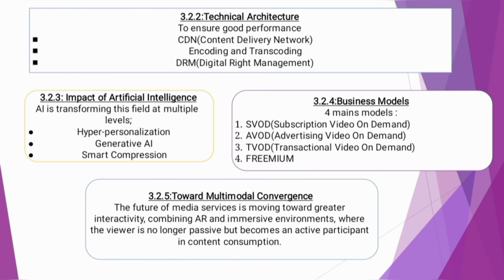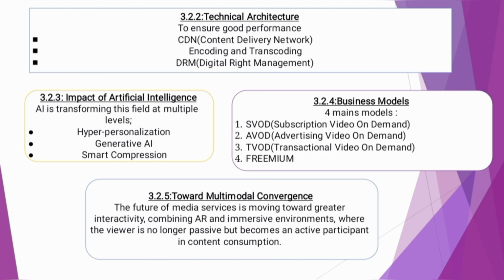Encoding and transcoding, digital rights management, as well as the impact of artificial intelligence. Artificial intelligence is transforming this field at multiple levels. The levels are hyper-personalization, that is use of machine learning to analyze user behavior and provide predictive recommendations.